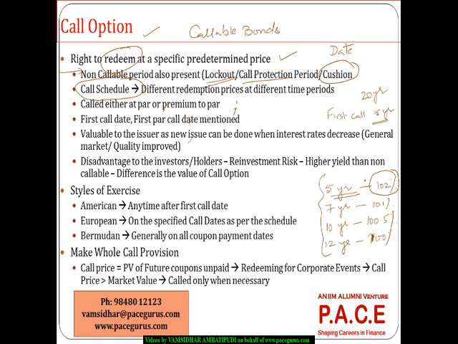So this particular time period where the first call is happening is called the first call date, and this time period where the first par call is being done, the first callback at the par value, is 12 years from now, from the date of issue.